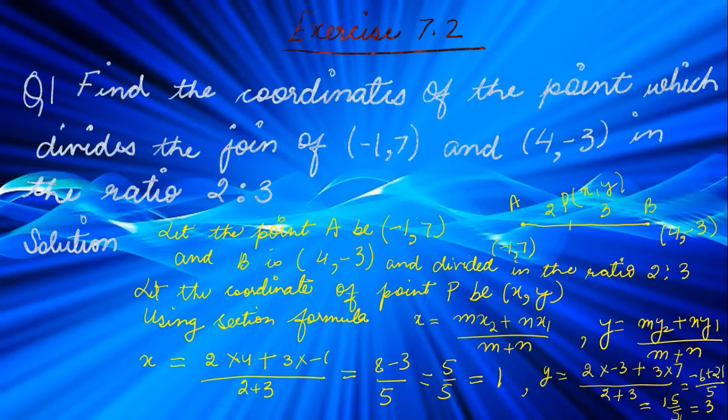So you can say the coordinates of point P are x is 1 and y is 3. So the coordinates of point P are (1, 3). So in this way you can do it.